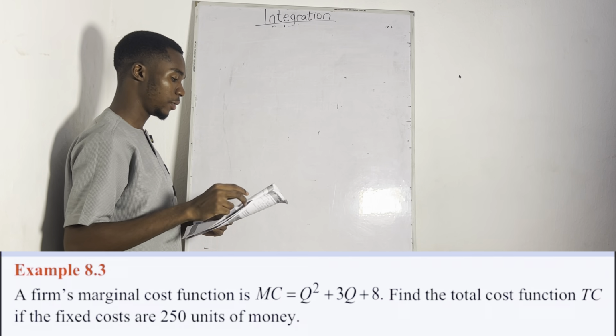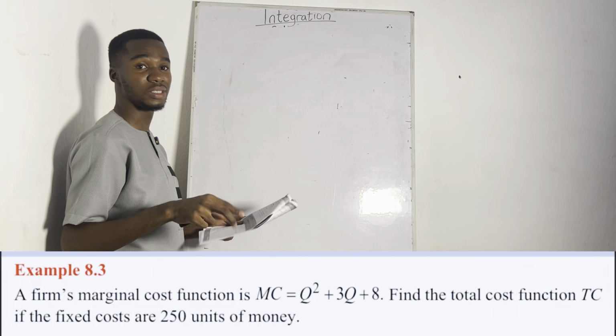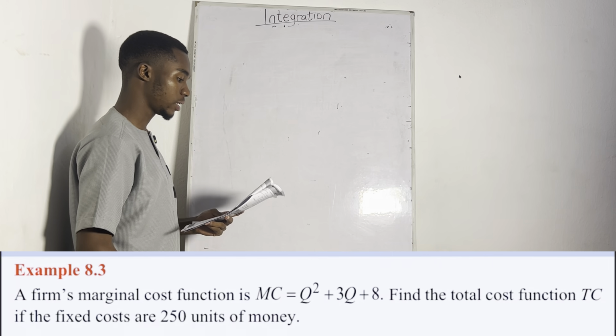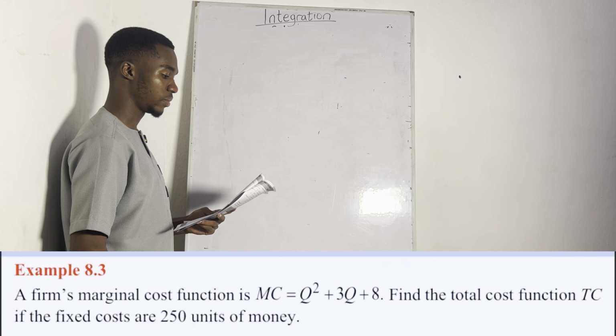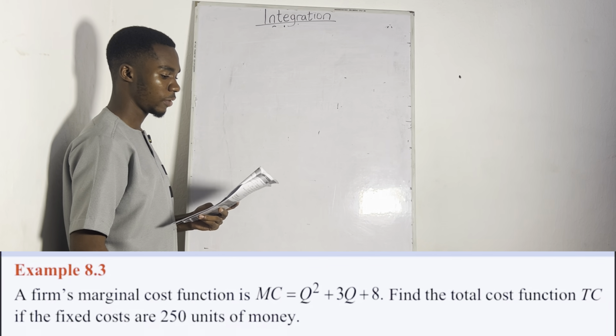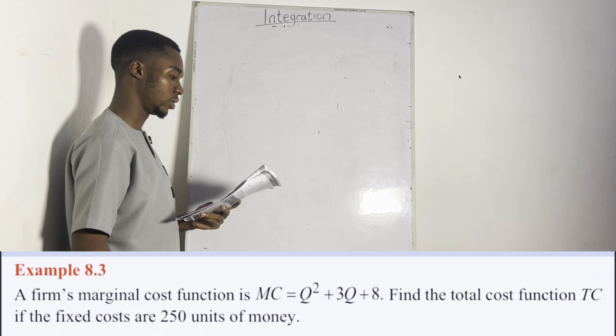So having understood that, we've been given a marginal cost function, and they're asking us to find the total cost. So what are we going to do? You are just going to integrate. So I read the question again. A firm's marginal cost function is MC is equal to Q squared plus 3Q plus 8. Find the total cost function if the fixed costs are 250 units of money.